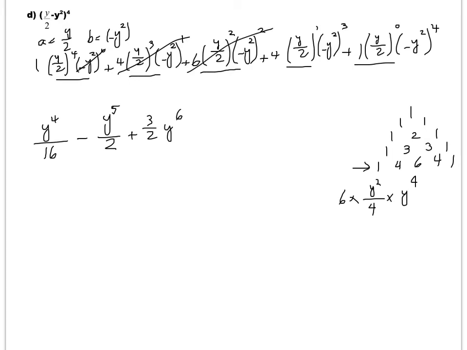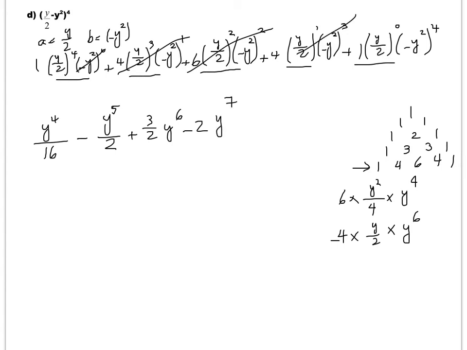The next one, we have 4 times y over 2 exponent 1, which is y over 2, times negative y squared exponent 3, which is negative y exponent 6. Now negative 4 over 2 gives us negative 2, and y times y exponent 6 is y exponent 7.